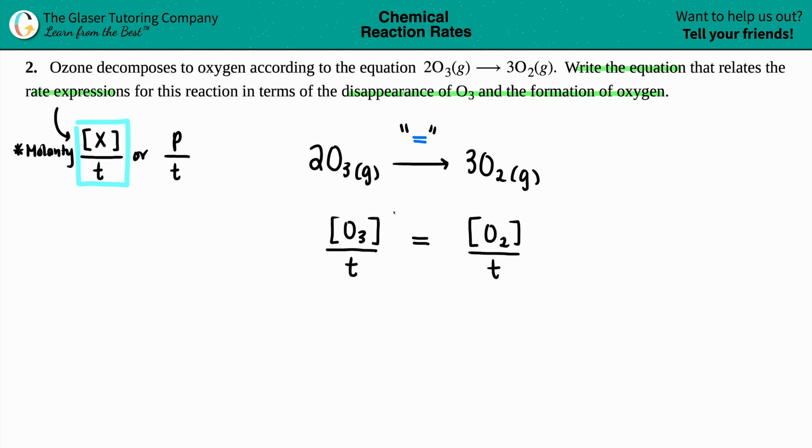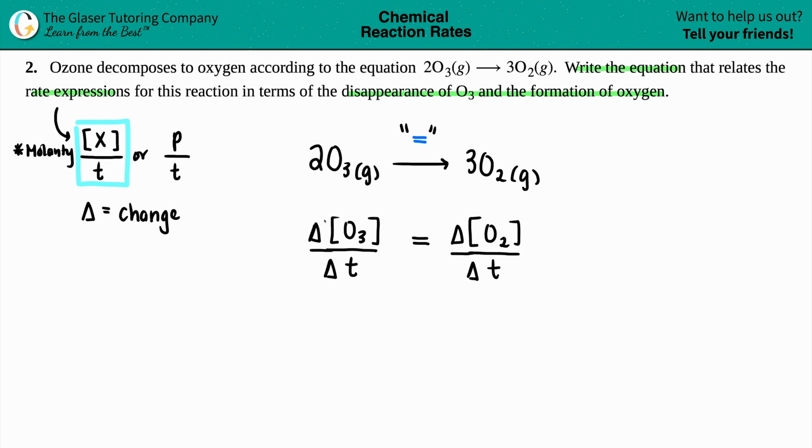And remember, change is always the delta sign. So I'm going to say that there's a change in the concentration of O3 divided by the change in the time, which equals the change of the O2 concentration over a certain change of time. That's now the beautiful rate values for O3 and O2.